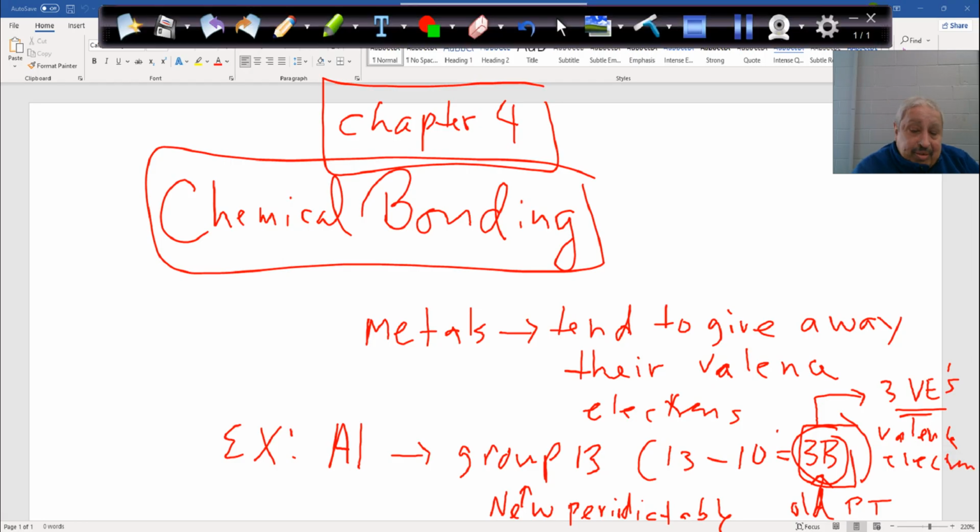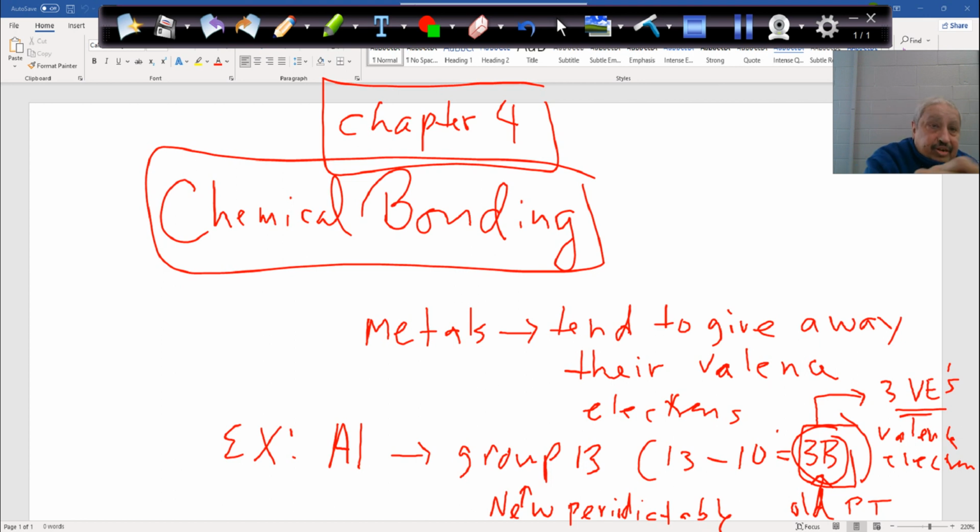I like both, but when it comes to valence electrons, I use A and B. When it comes to group 13, 1 and 2, and then it jumps to 13, then you start subtracting 10, and that gives you the number of valence electrons. So aluminum is in group 3B, so it will have 3 valence electrons.